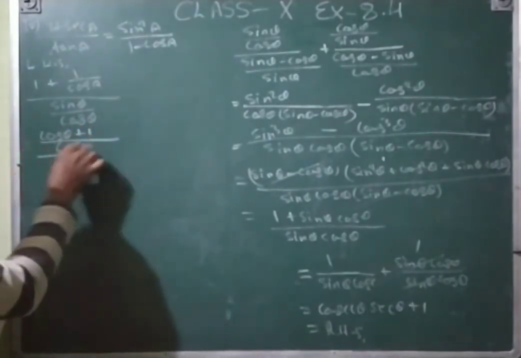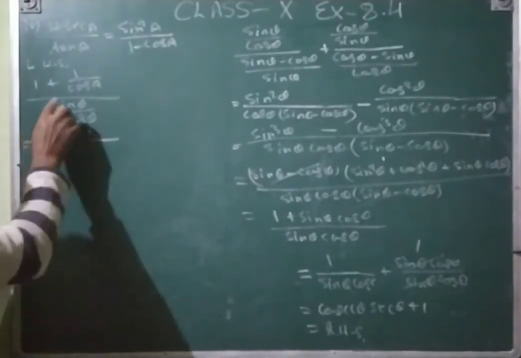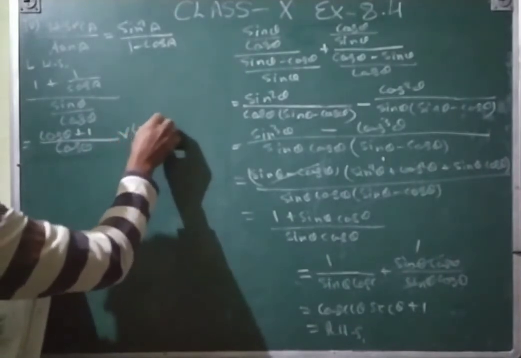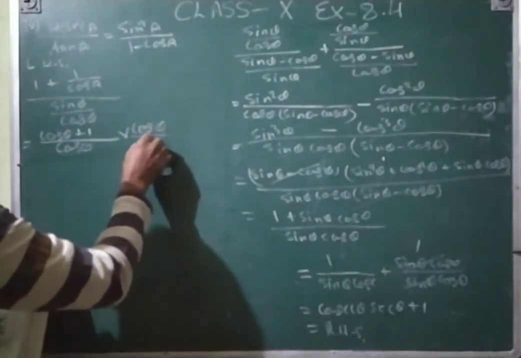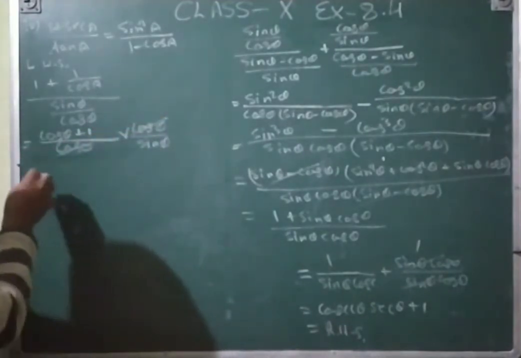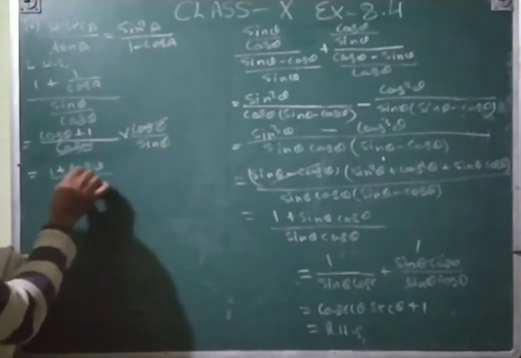This is the main upon, and this one also we can write in multiply because upon is given there, and then cos theta upon sin theta. So that is cancelled. So here will be 1 plus cos theta upon sin theta.